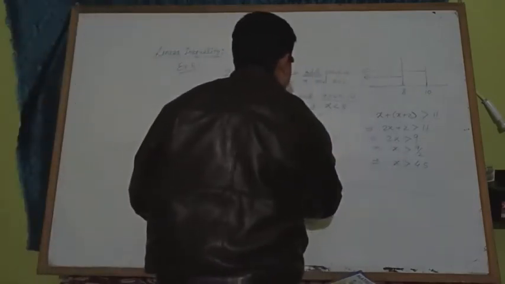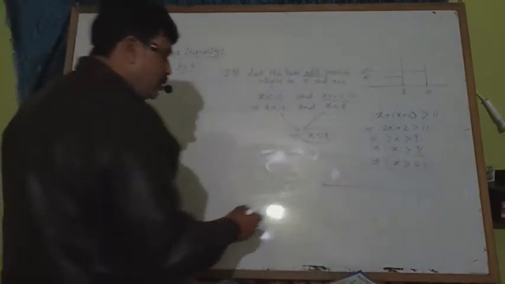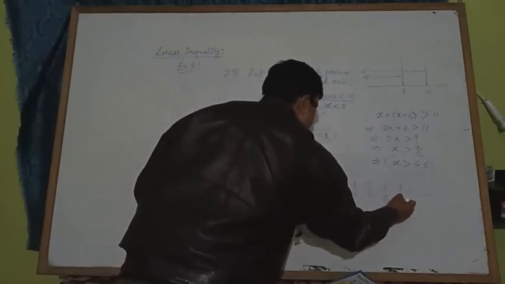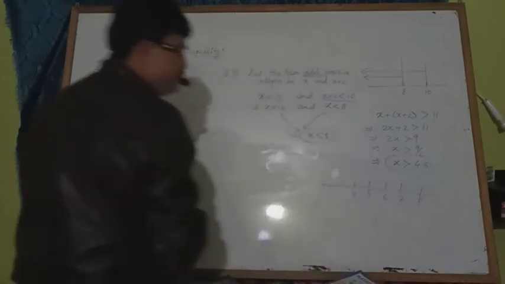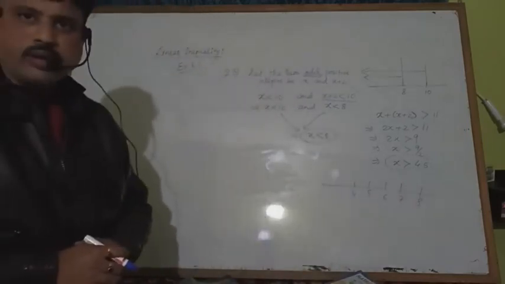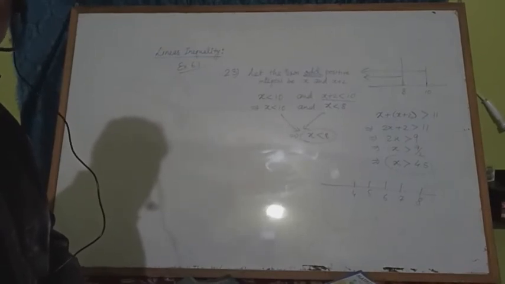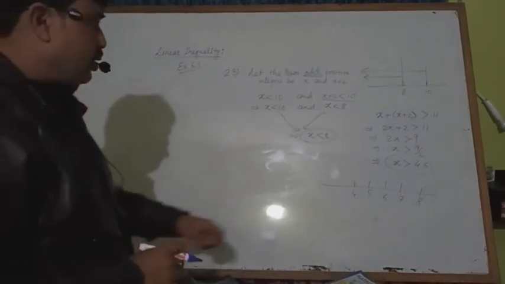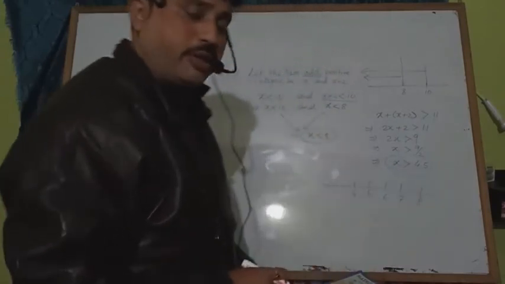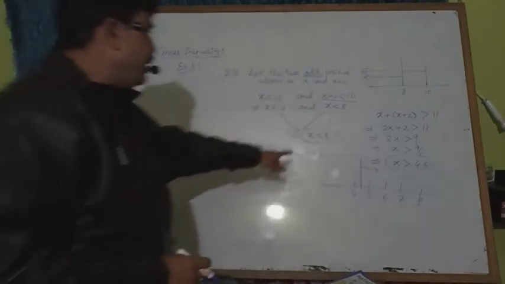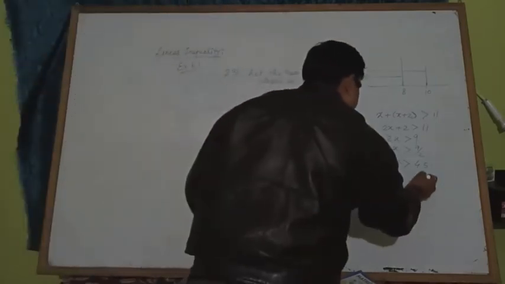From these two conditions, this is 4, this is 5, 6, 7, 8. Now x greater than 4.5, so it is more than 4.5, so it will be this side. x less than 8 means this side.